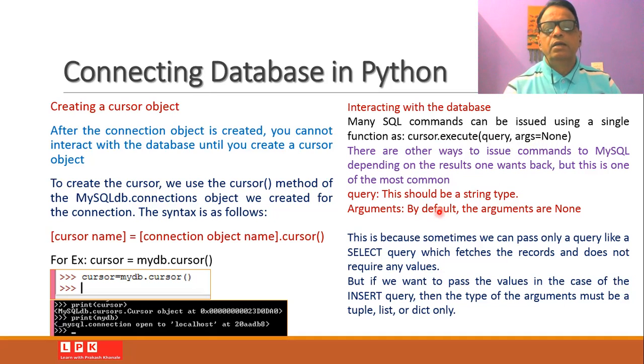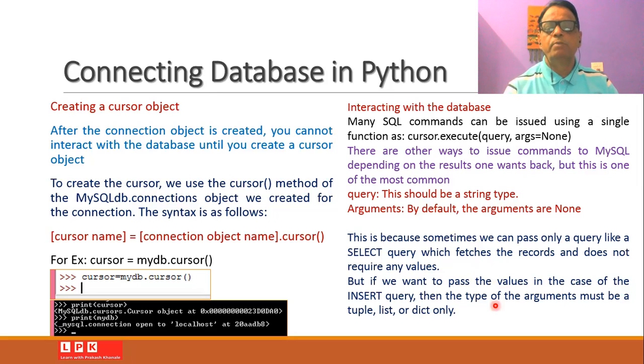So query, this should be a string type query. Arguments, by default, the arguments are none. This is because sometimes we can pass only a query like a select query, which fetches the records and does not require any values. But if you want to pass values in the case such as an insert query, then the type of the argument can be a tuple, list, or dictionary only.